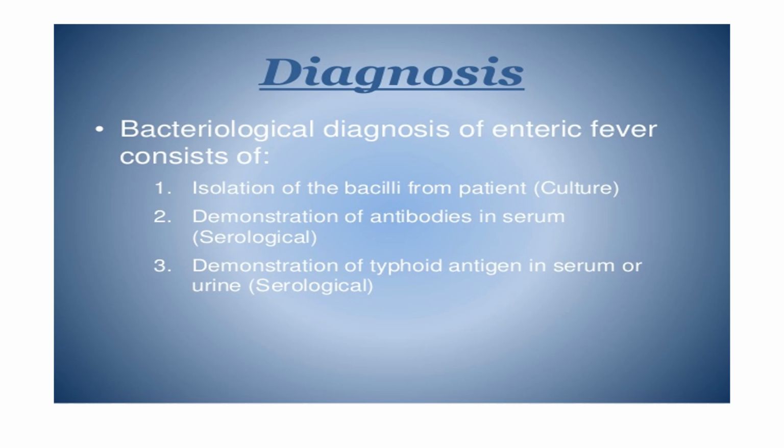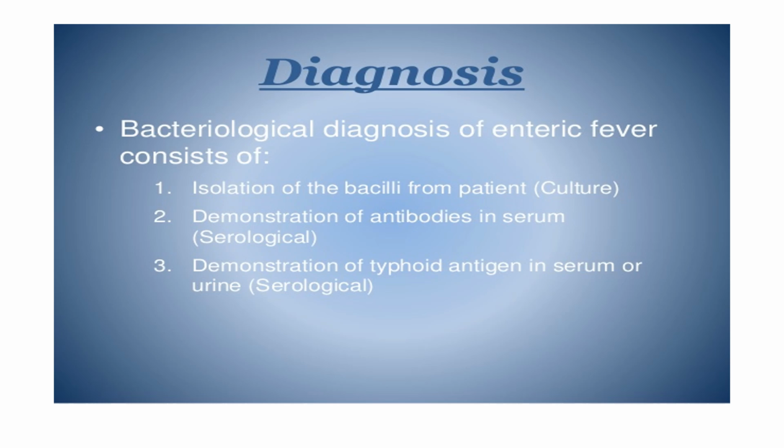Culture can be done from the blood, from the stool, or from the bone marrow. The bone marrow culture is the gold standard culture for the diagnosis of enteric fever, but it is an invasive procedure. So most commonly we advise blood culture to isolate the organism from the patient.